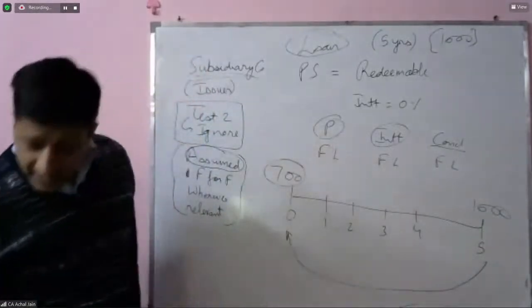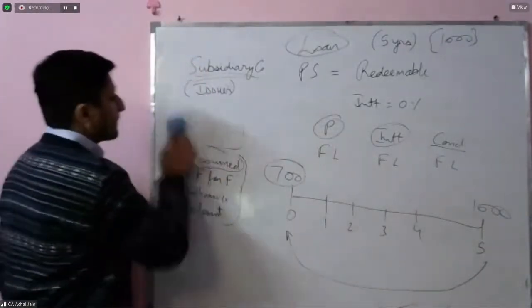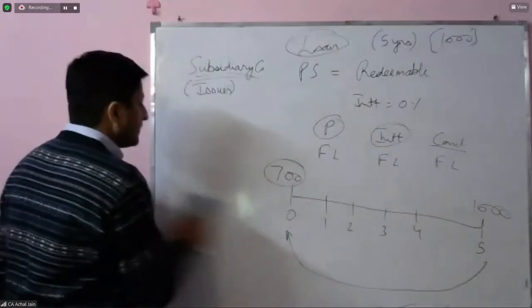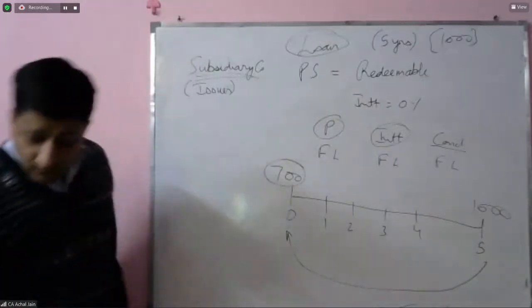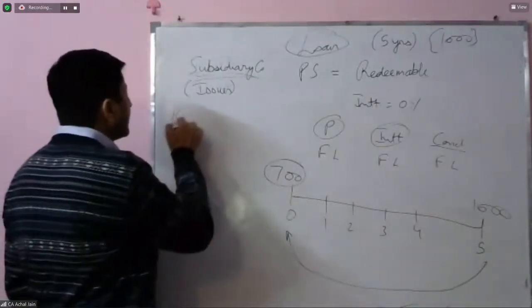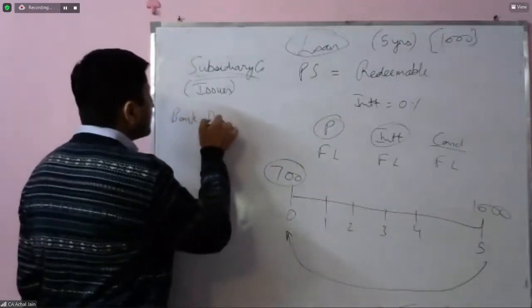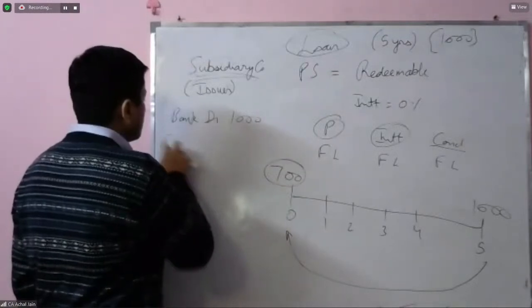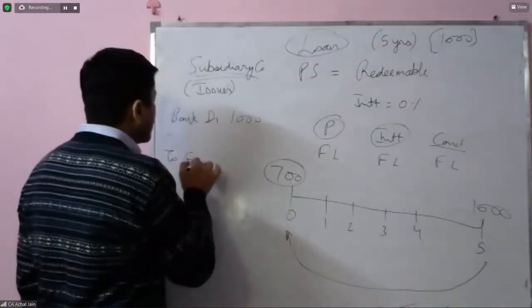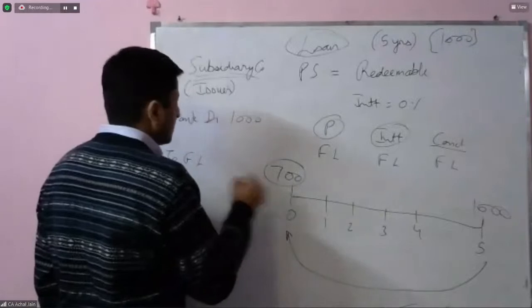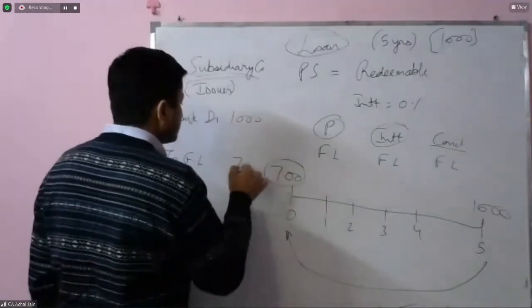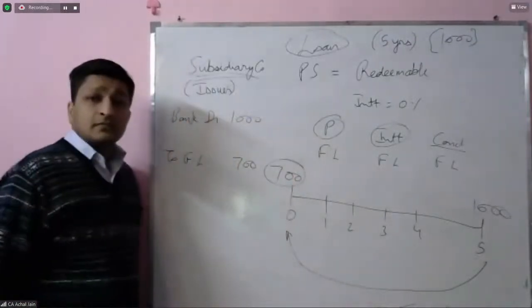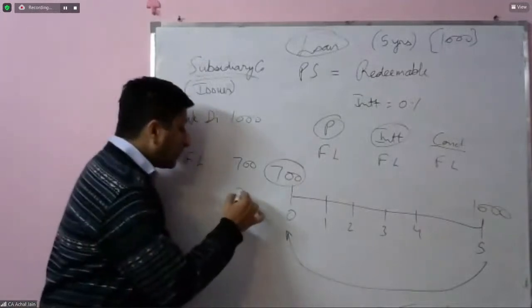So let's look at the accounting entries. I'm looking at the accounting entry of the subsidiary. Subsidiary will say bank debit 1000 to financial liability 700. But what about the remaining 300?